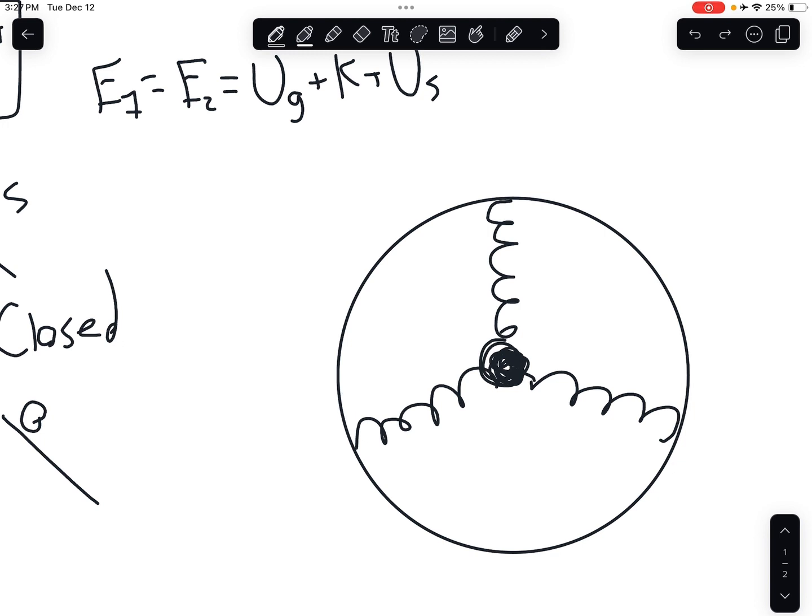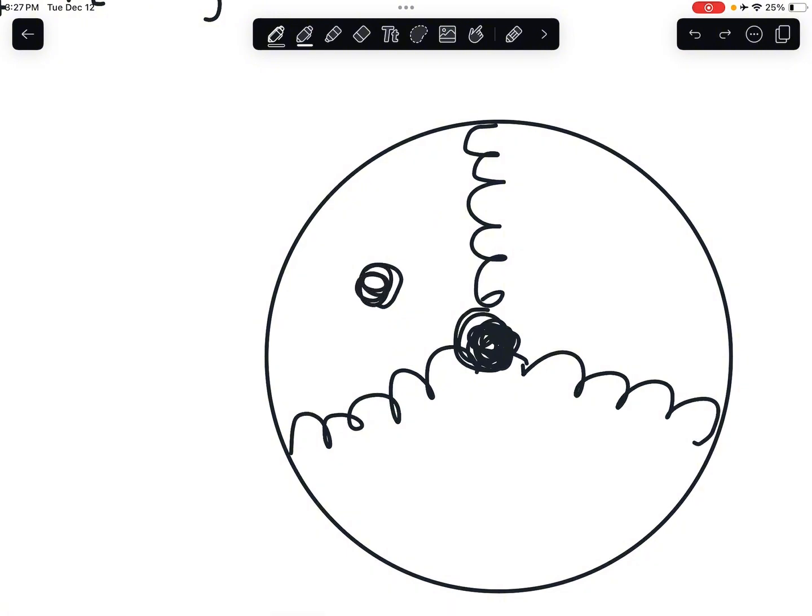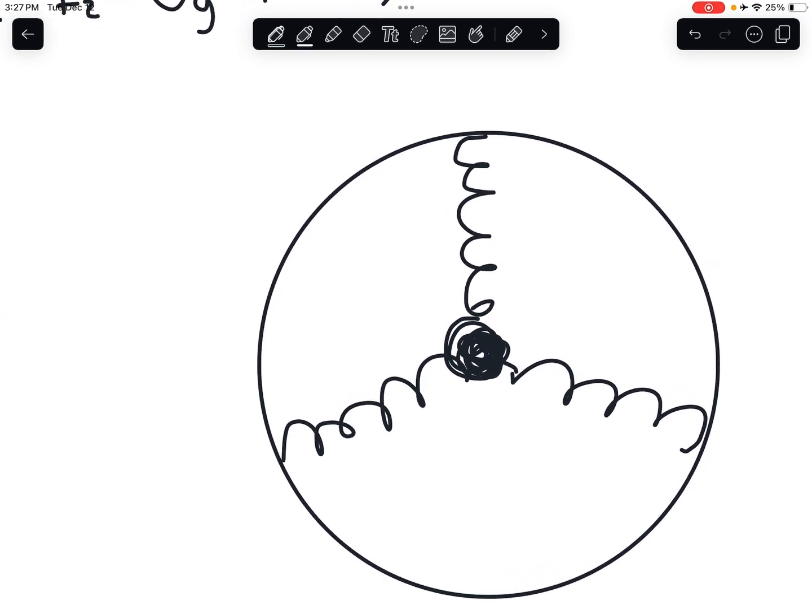But they're stretched out, connected to this, so they can't retract. There's a question in the workbook about this, and it asks, if you moved the mass to here, essentially stretching this spring, but lessening the length of these two, would you be increasing or decreasing the potential energy of the springs in this system?